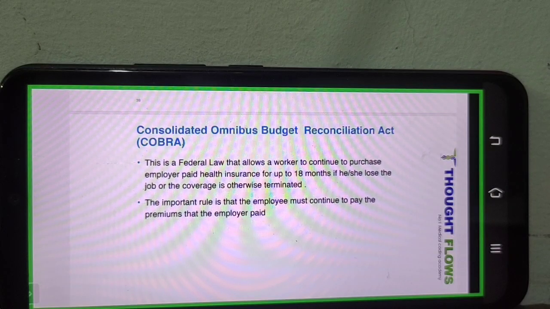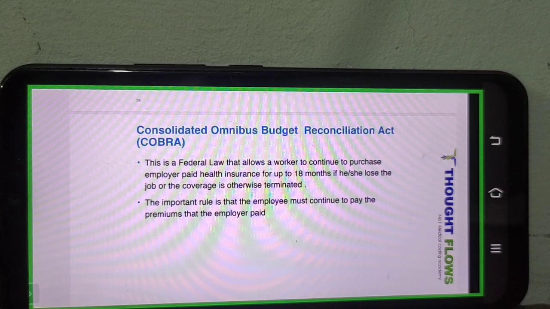Guys, find it out. Actually, I lost my job. But up to 18 months, I can get the service from worker compensation. So ESI means worker compensation for workers. When a patient is injured during the job, the patient can get treatment free of cost under worker compensation.